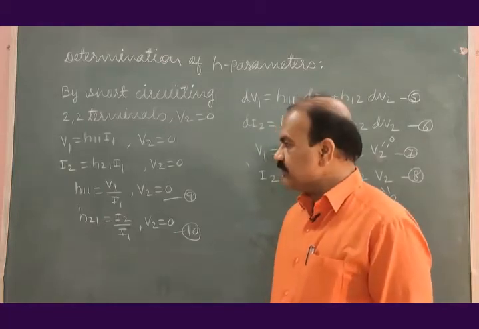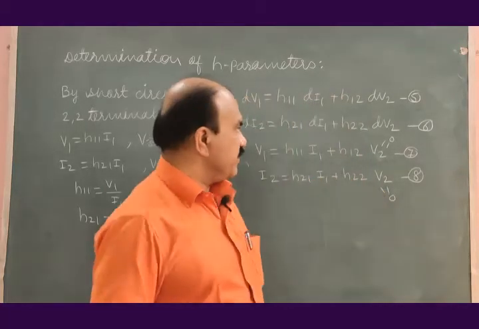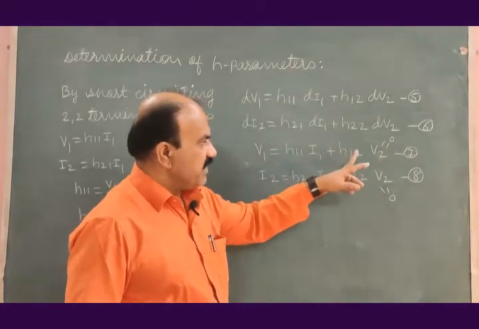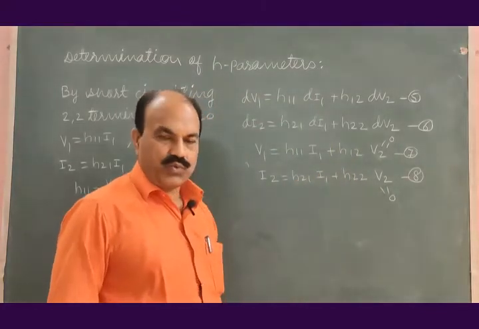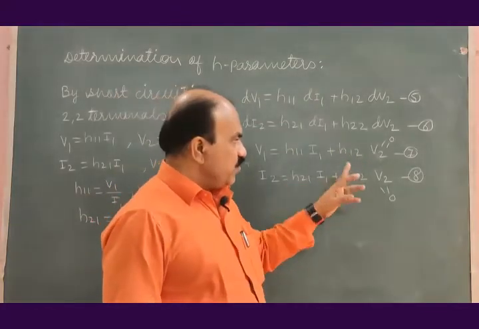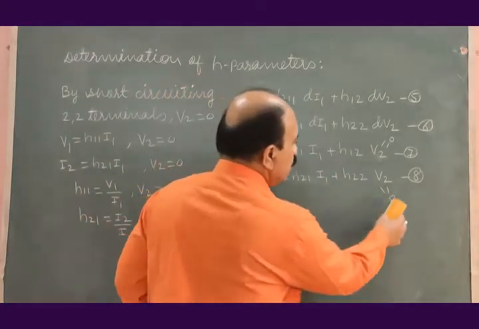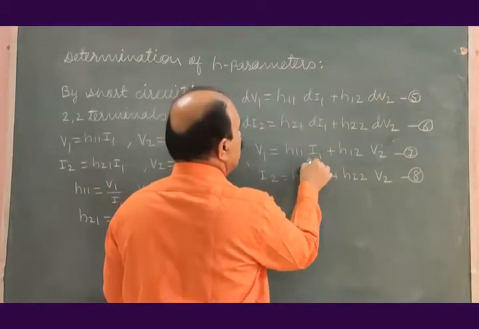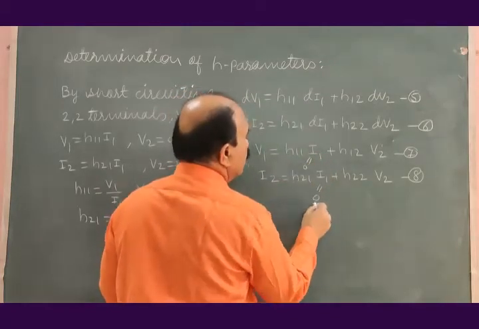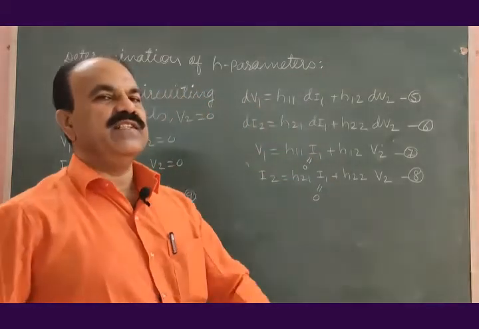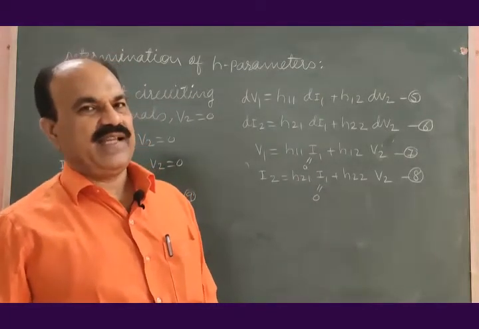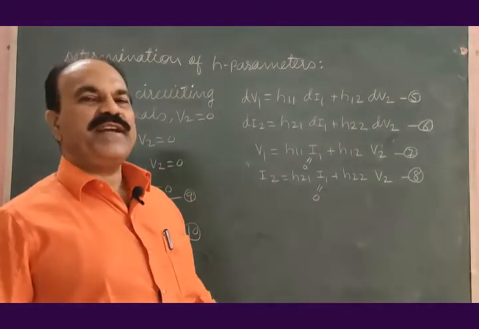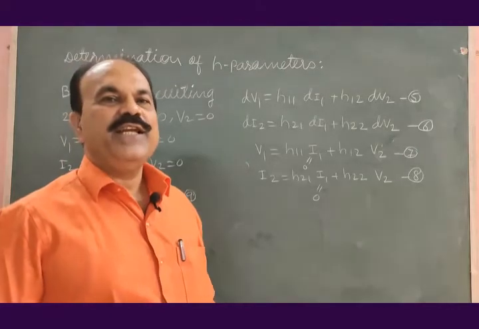Then let us try to get H12 and H22. To get H12 and H22, we need to make I1 0 in equations 7 and 8. How to make I1 0 in equations 7 and 8?